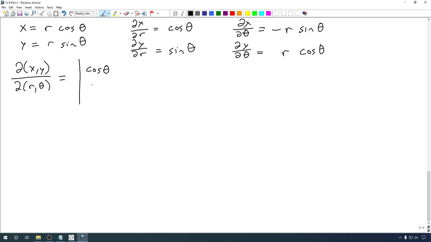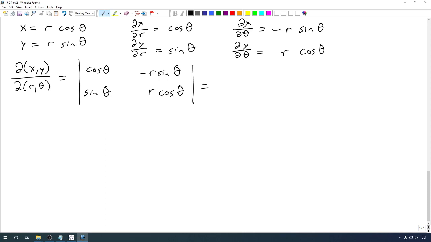So we have cosine of theta here, sine of theta here, then the negative r sine theta here, and the r cosine theta here. Again, if you do it the wrong direction, you'd be putting the negative r sine over here and the sine up here, but you're going to get the same result, so it doesn't matter.